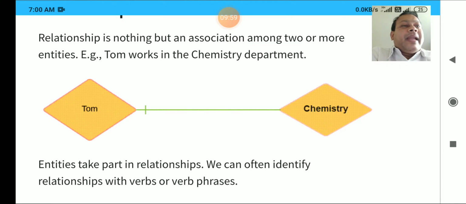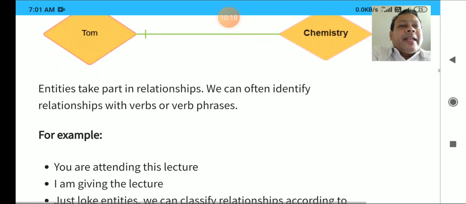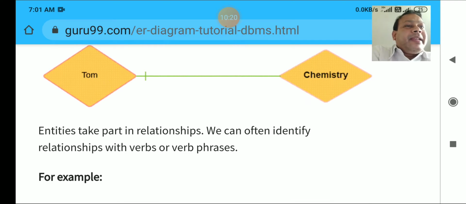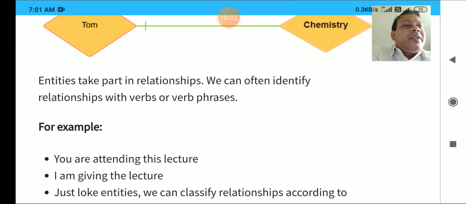It shows how one entity is going to be related to another entity. By using a rhombus box, we make a relation. So the relation is represented by a rhombus box. That is Tom and chemistry. This is your relation.